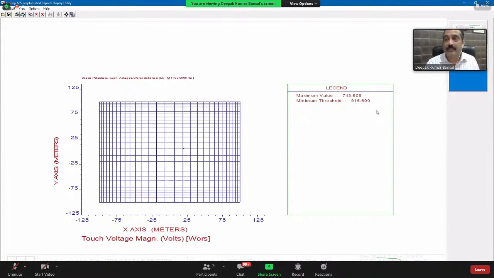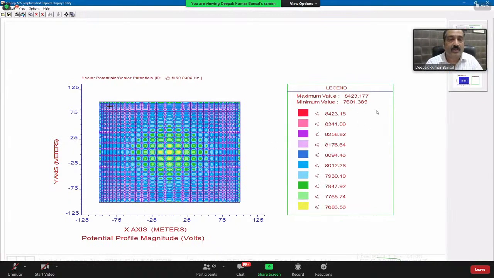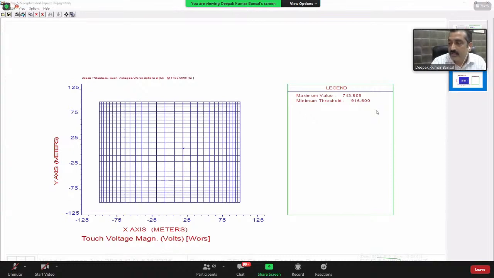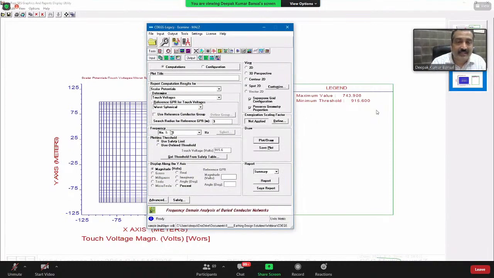You can see the maximum value which we have achieved in our grid is 743 volt, whereas the minimum threshold limit is 915 volt. And you see there is no color, it's all white, so there's no problem anywhere in our earthing grid because our value is much lesser than the threshold limit. This way it is very easy to visualize and understand things.